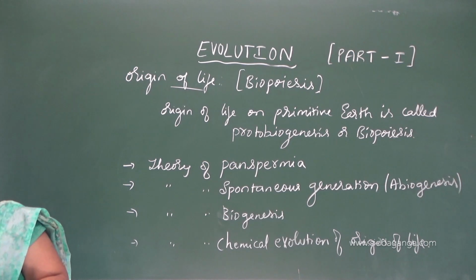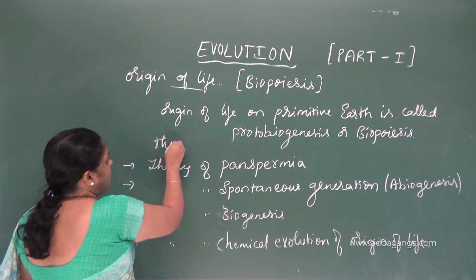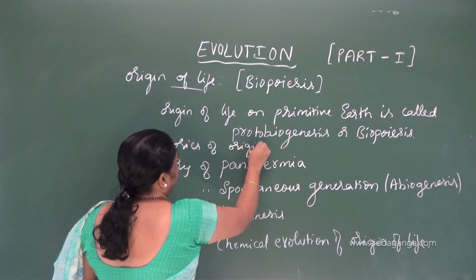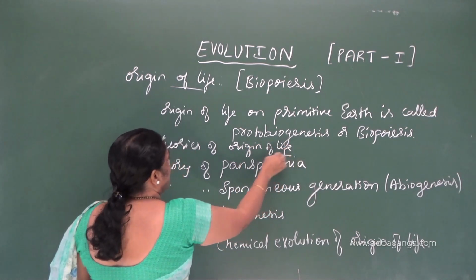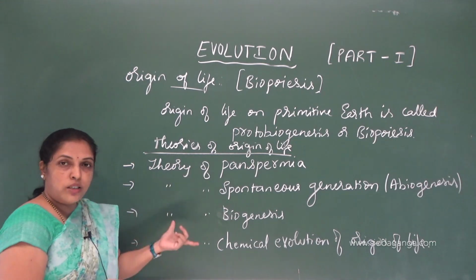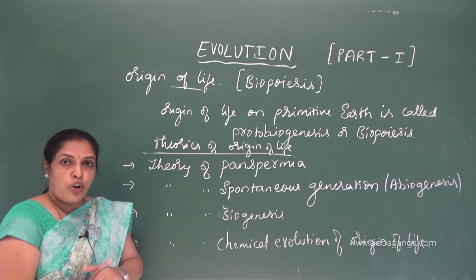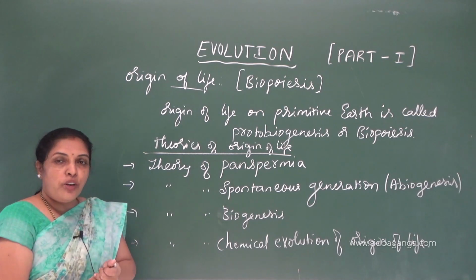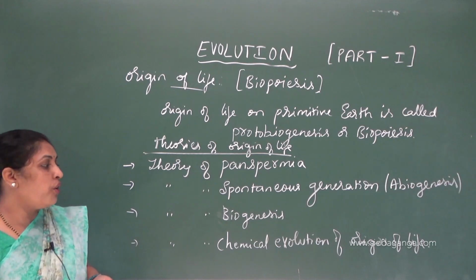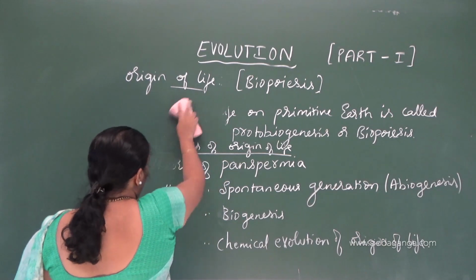Under this we have many theories of origin of life, but we are going to discuss only four: theory of panspermia, also called Cosmozoic theory, theory of spontaneous generation, theory of biogenesis, and theory of chemical evolution of origin of life. We'll discuss one by one now.